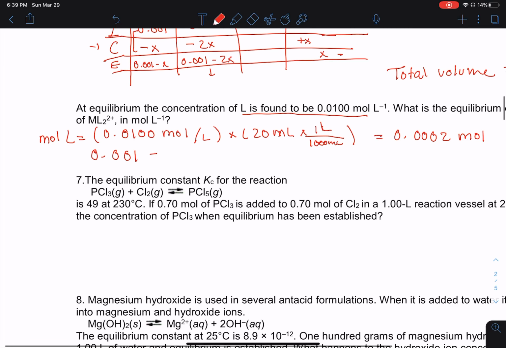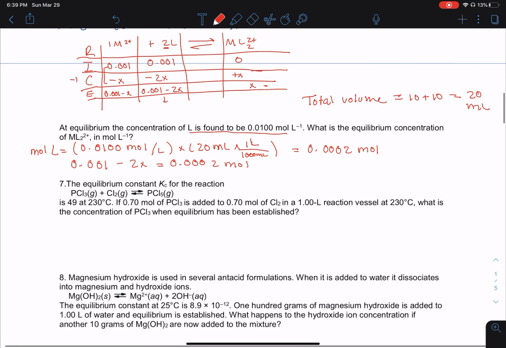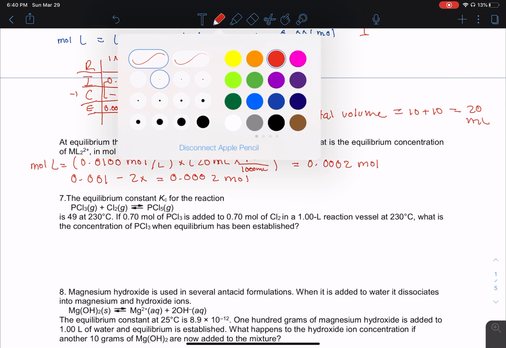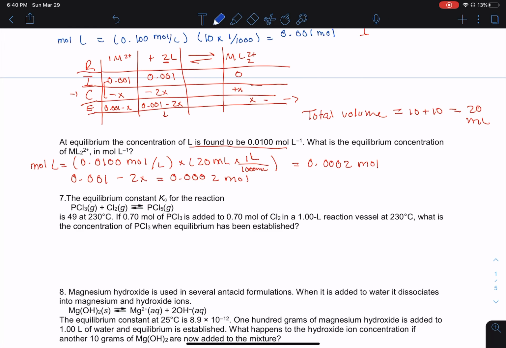So that will mean 0.001 minus 2x is equal to 0.0002 moles. So what does that mean for ML2 plus? Because that's what we're trying to find, right? Well, remember that ML2 plus is x. So basically, in this problem, what we're just going to have to find is the value of x in this equation.